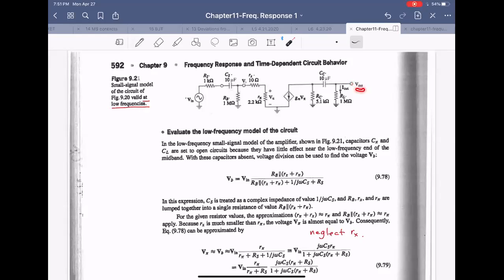So the output voltage is I out through this RL, I out times RL. We first have to go from V in to this VX, VB, then we have to go to V pi. If we ignore this R sub X, this is VB.